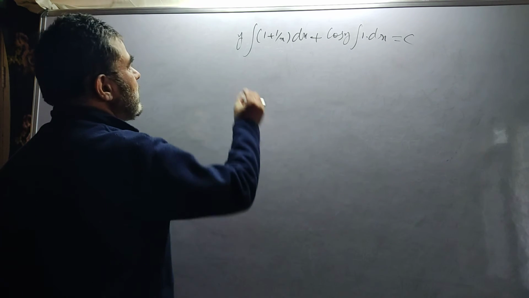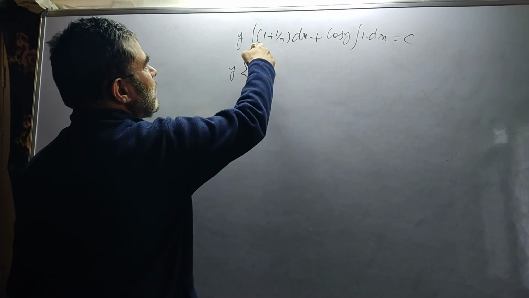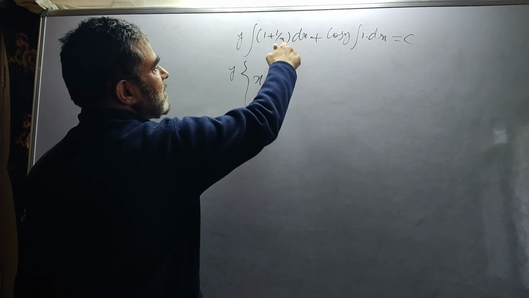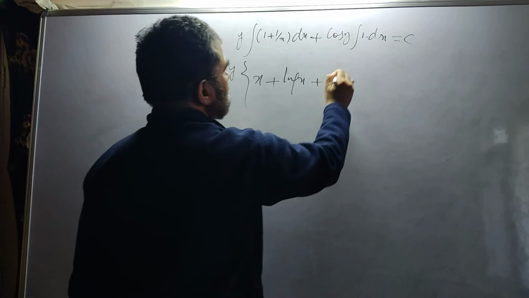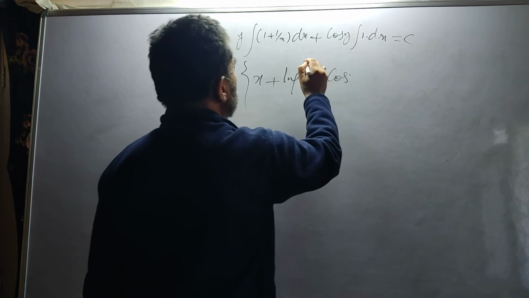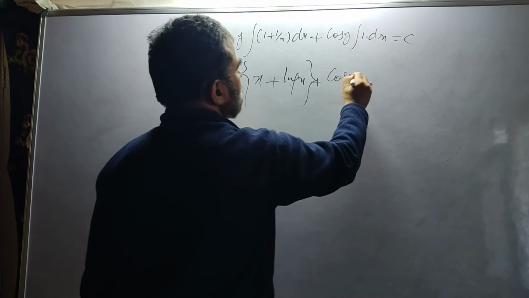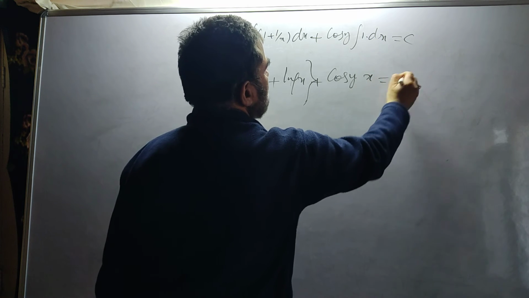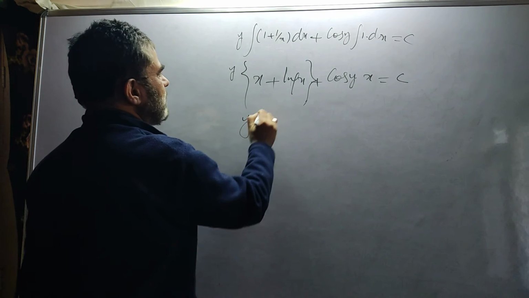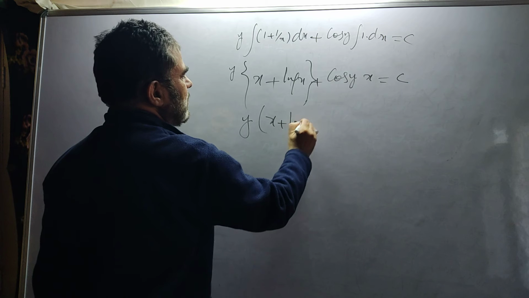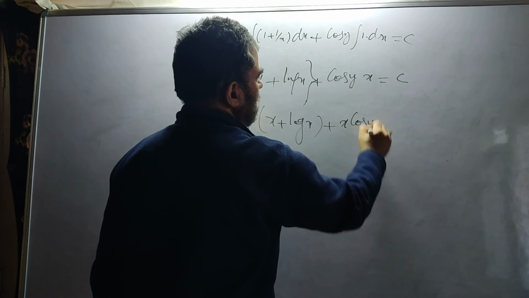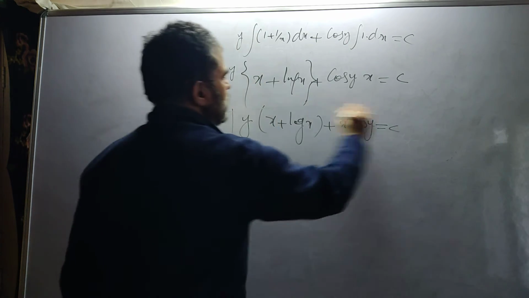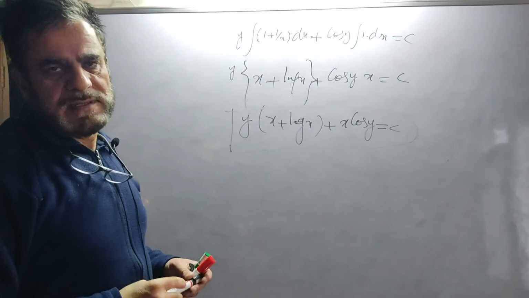Integral of 1 with respect to x plus integral of 1 by x with respect to x is log x, plus cos y times x is equal to c. This is y times (x plus log x) plus x cos y is equal to c. It is the solution of this differential equation by the exact method.